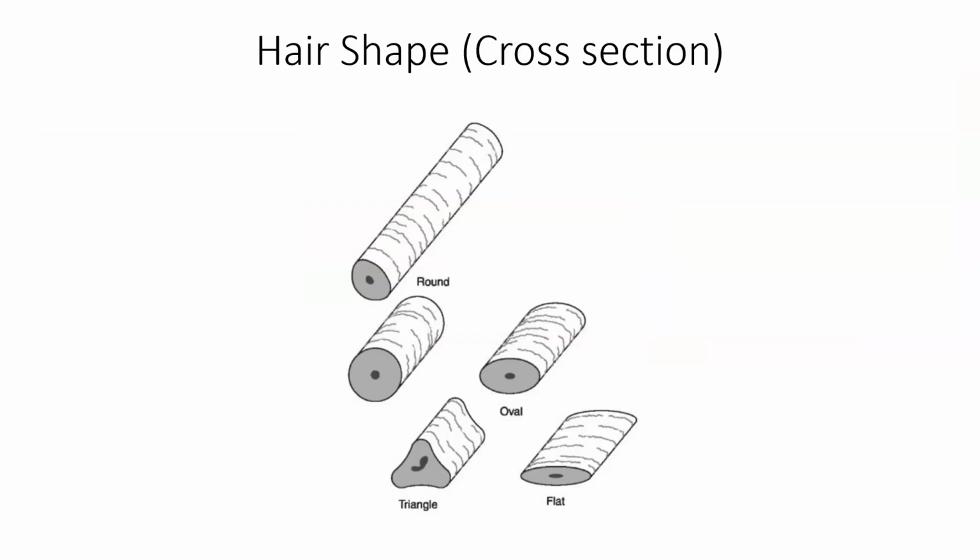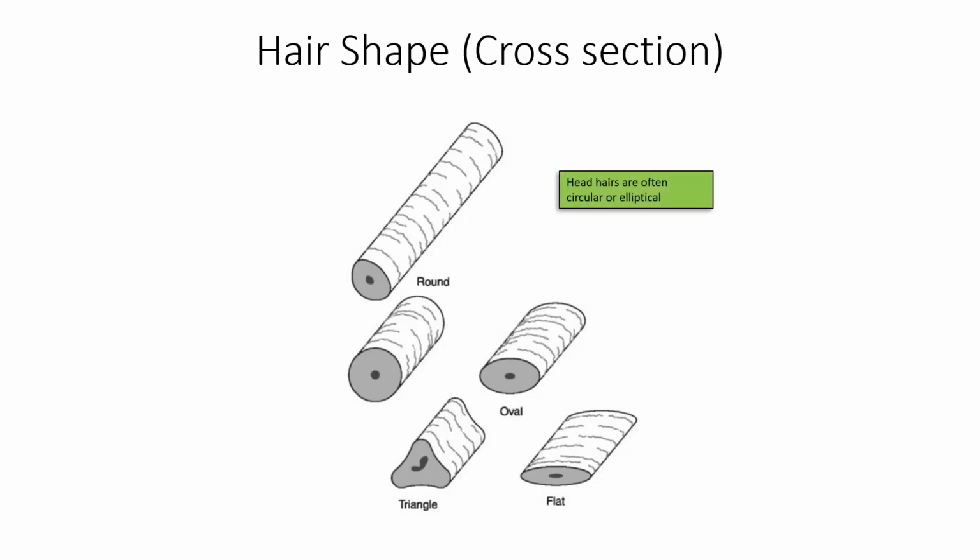Okay, so the last thing we need to talk about is the cross section and hair shape. Now I've already talked about how different individuals can have different thicknesses of hair and different hair shapes, but different hair locations of the same individual can have different hair shapes in their cross sections as well.